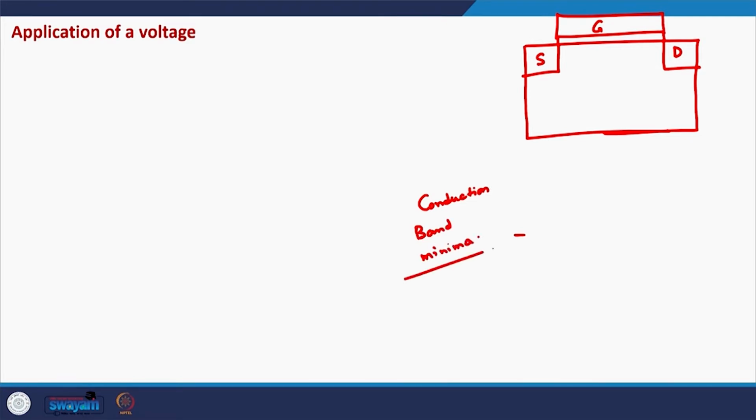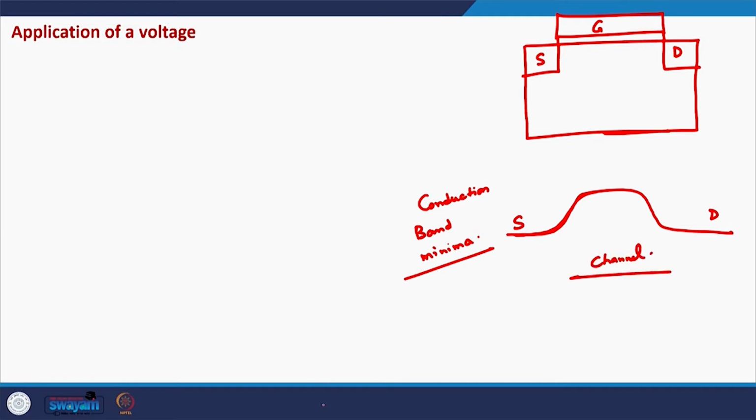The valence band maxima will follow the conduction band minima in exactly the same way. Typically this is how the conduction band minima looks. This is the source side, this is the drain side, and this is the channel region.